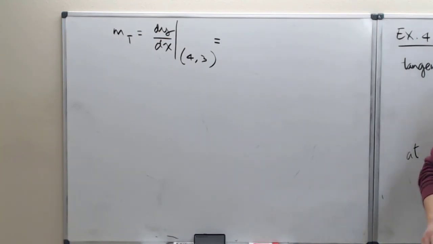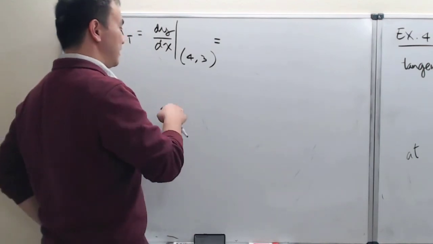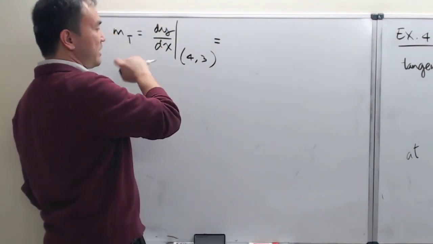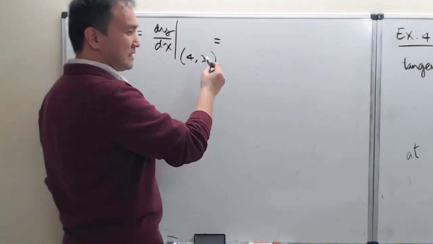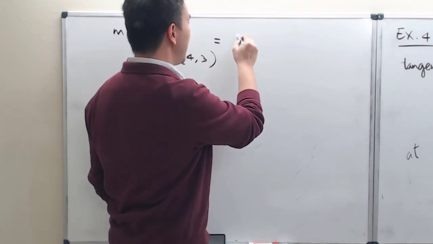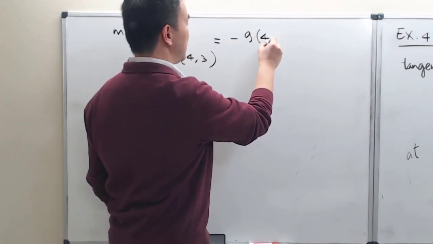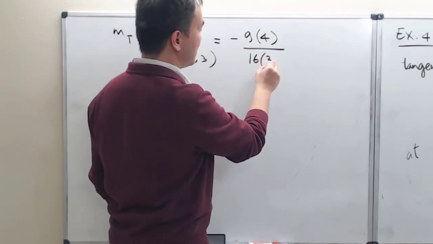So back to my slope that I'm halfway on my way finding. The dy/dx here, substituted in the pair of values 4, 3, means we have minus 9 times the x value 4, divided by 16 times y, and y here is 3.